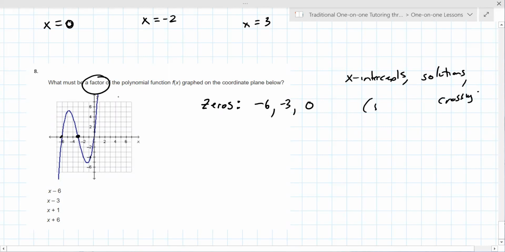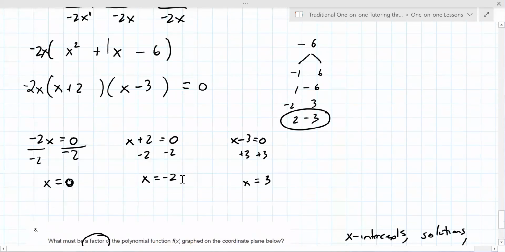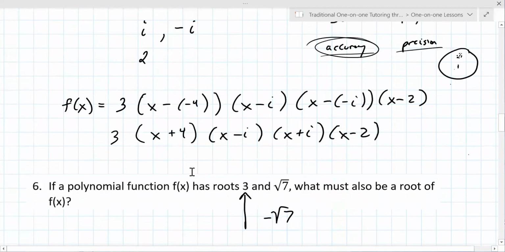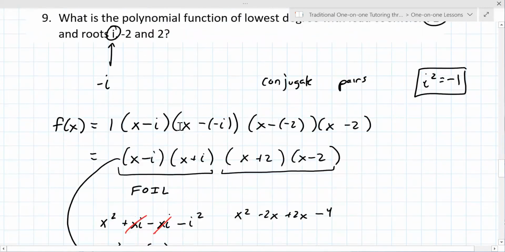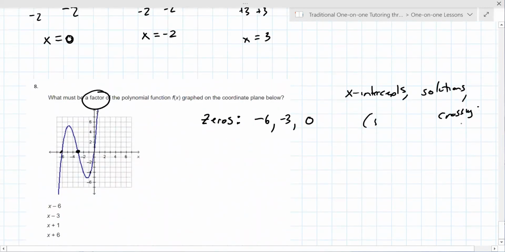So the way... let me scroll up here just a little bit. We're going to come back to this. I wrote x minus root. Another word for these, by the way, is a root. So you can go x minus your root here.